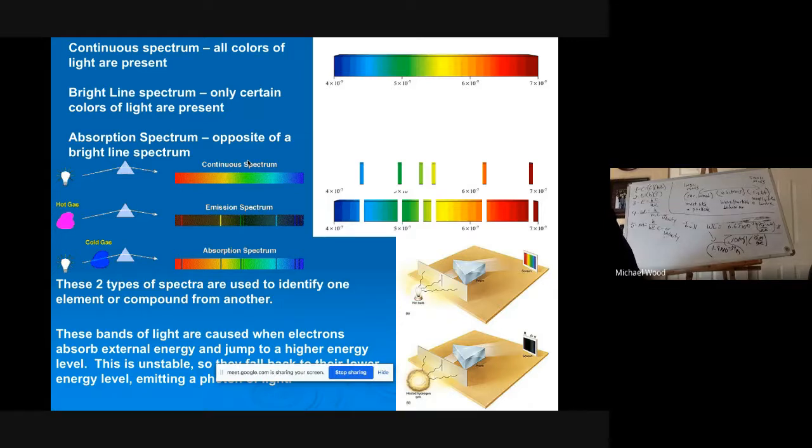That's how they know that. Now, what causes these? These bands of light are caused when electrons absorb external energy and jump to a higher energy state. This is unstable, so they fall back to the lower energy level and they emit a photon of light. And that is what causes these color patterns that we see.